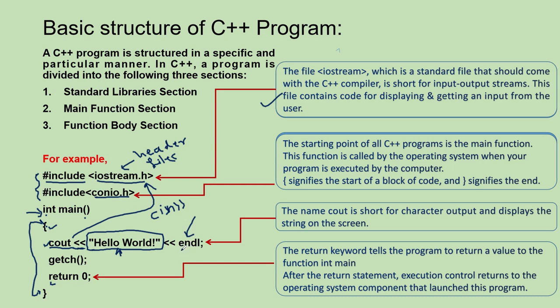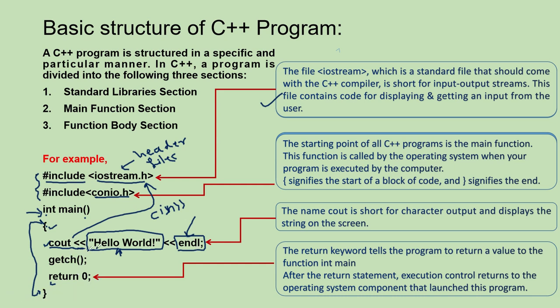It is used to break a line. When you execute the same program again, the output will come on the next line, because this will terminate the line after displaying hello world. Hello world is displayed, then endl is encountered. This will terminate the line.